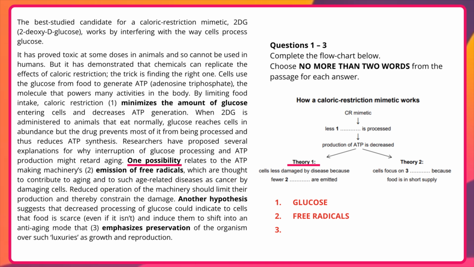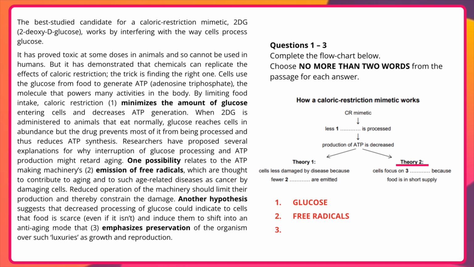That means theory 1, where it is very clearly mentioned emission of free radicals. That means fewer free radicals are emitted. In the passage, it is given in the active voice, whereas in the question, it is given in the passive voice. The correct answer is free radicals.